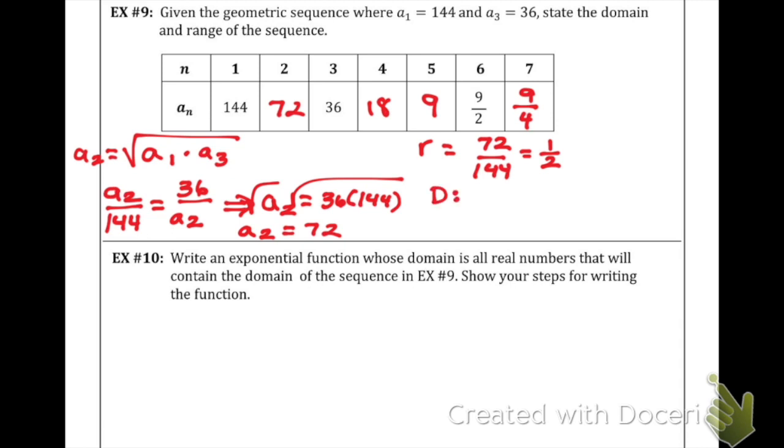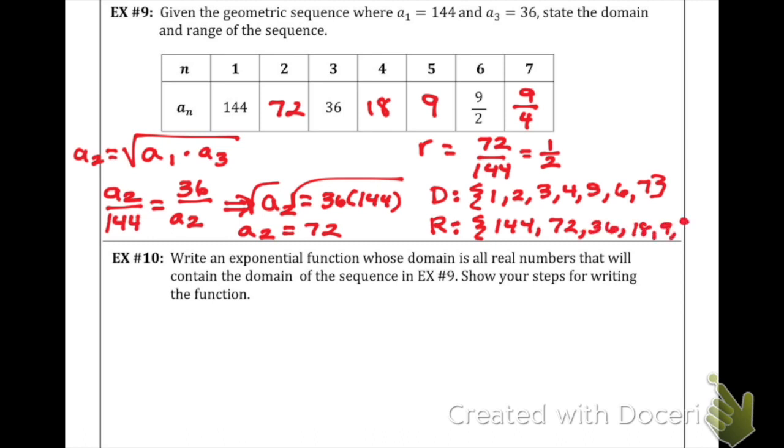So my domain is the set of 1, 2, 3, 4, 5, 6, 7. And then the range of this sequence is 144, 72, 36, 18, 9, 9/2, 9/4.